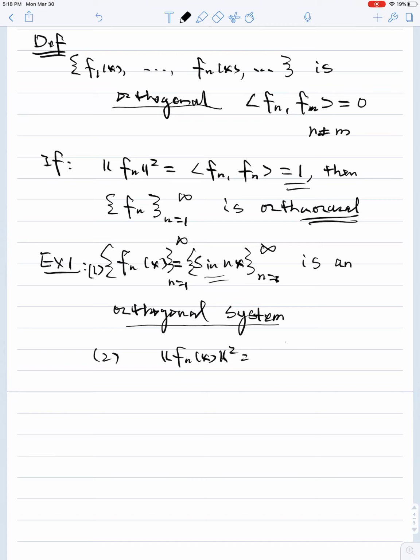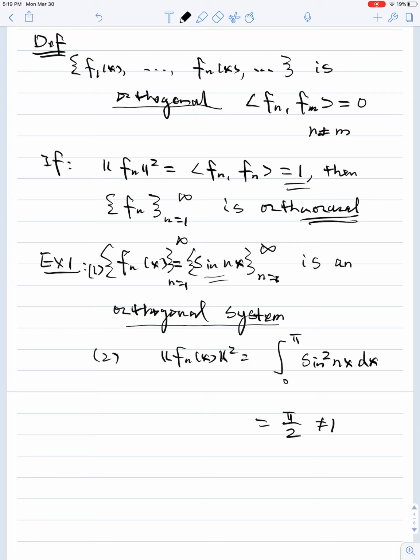The norm is the integral from 0 to pi of sine squared nx dx. We did the computation before. We said this is pi over 2. So this is not 1.